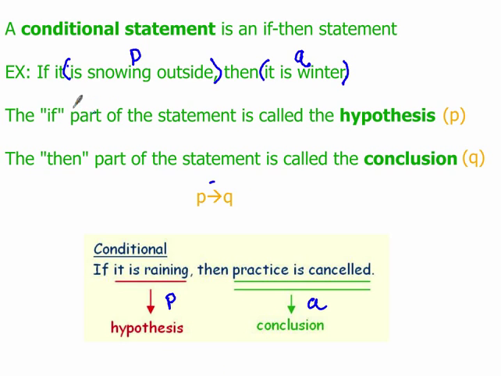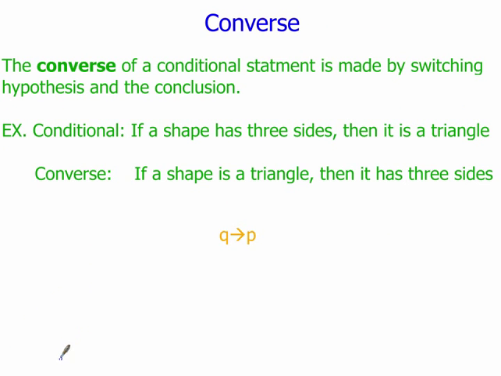And there are four other types of statements that we're going to talk about that all have to do with conditionals. So the first one is what we call the converse. The converse of a conditional statement is made by taking the hypothesis and the conclusion and just switching them.